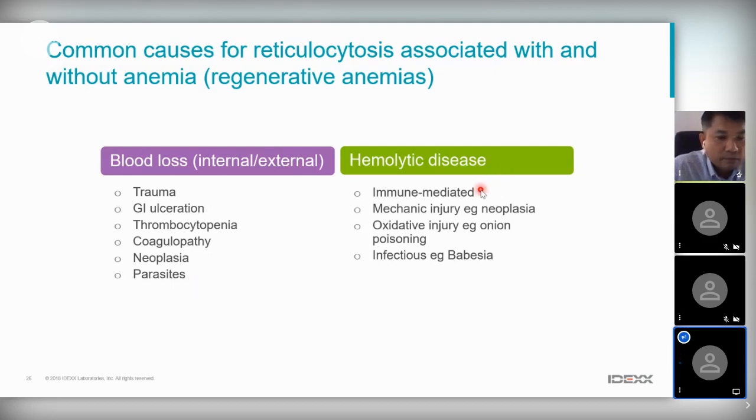Or the hemolytic diseases. These could be immune-mediated hemolytic diseases, a mechanical injury, and then oxidative injury. Example, onion poisoning could be a reason. And some infectious diseases also result in blood loss, like babesiosis, with Babesia gibsoni being the major cause of hemolytic anemia many a times. So over to you, Professor Tang.